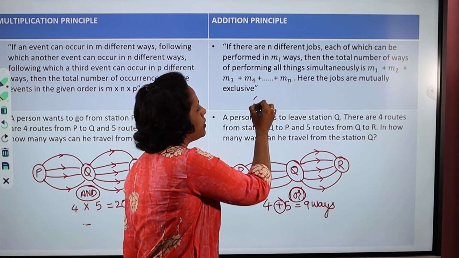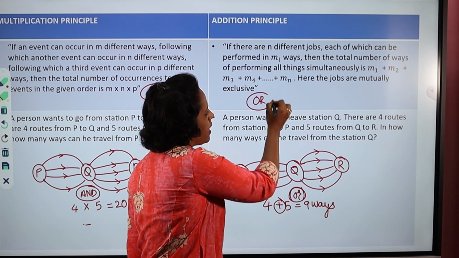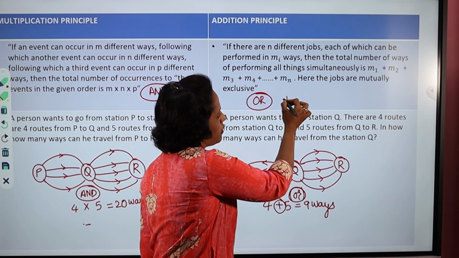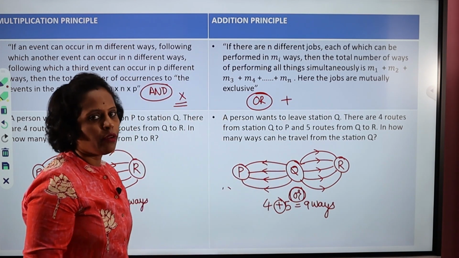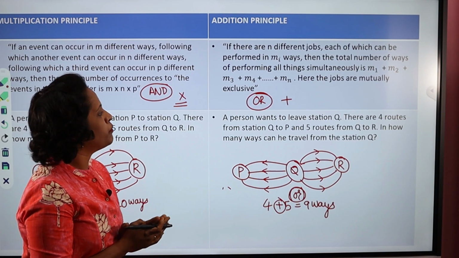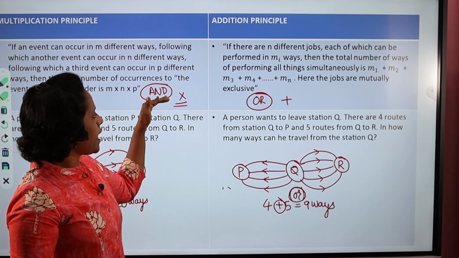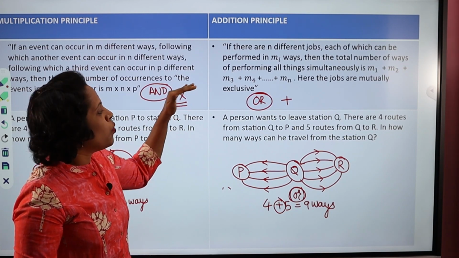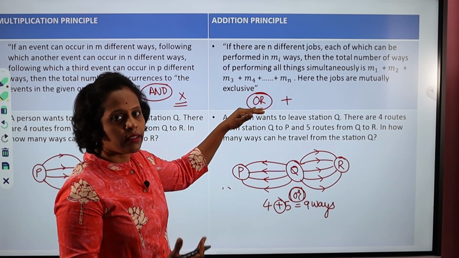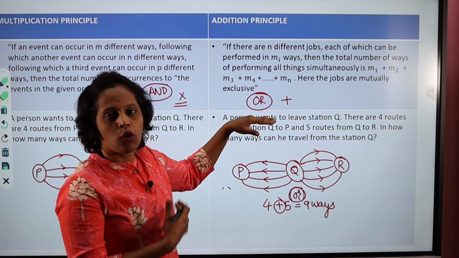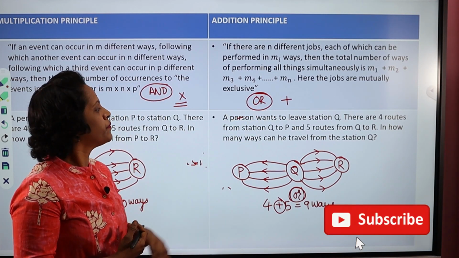Whenever we have or as the condition, we go with addition of the events. So this is the main keyword here and the basic difference. Whenever we get and in the question, we should go with multiplication. Whenever we have a choice, that is to select either this or that, whenever we have or, we go with addition principle. Thank you.